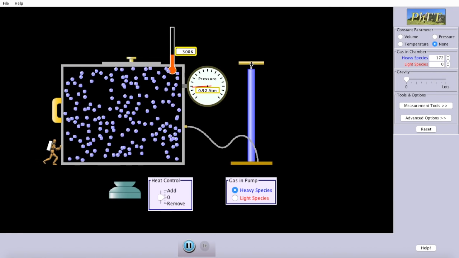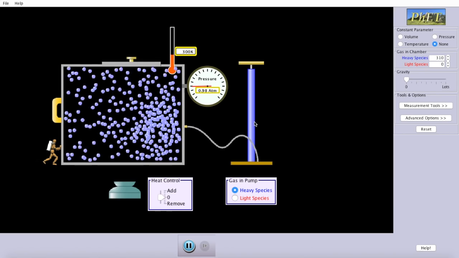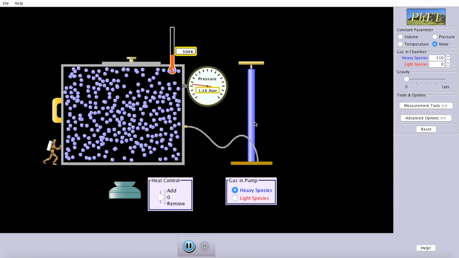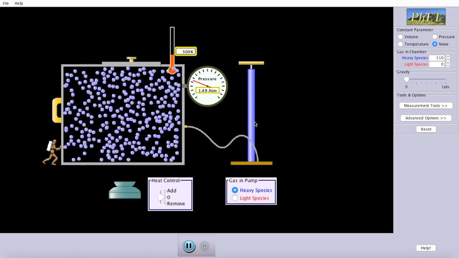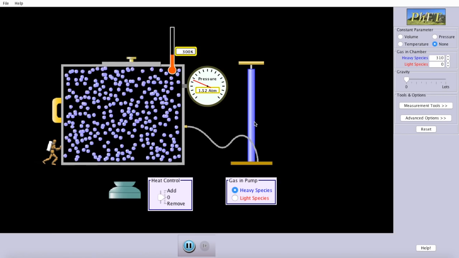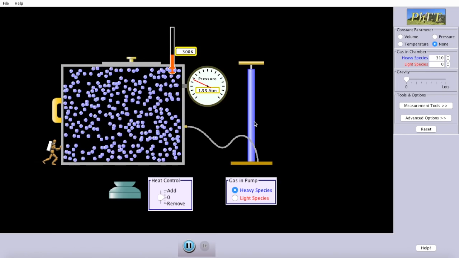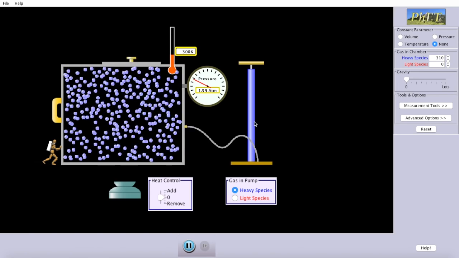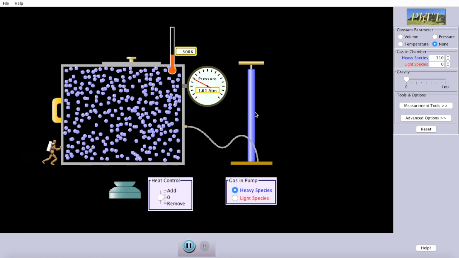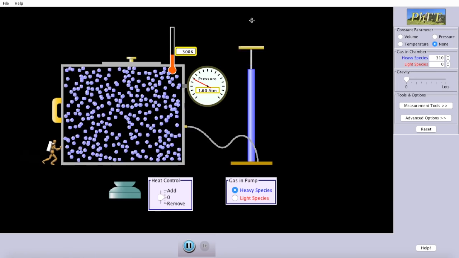Try to go about the same size. Won't get it exact. It was just under 1 atmosphere before. We put in some more air, and the pressure has gone up from there. So more air is going to cause the pressure to go up.